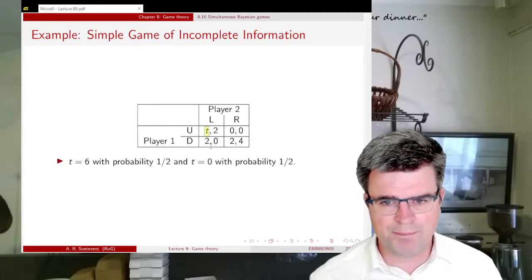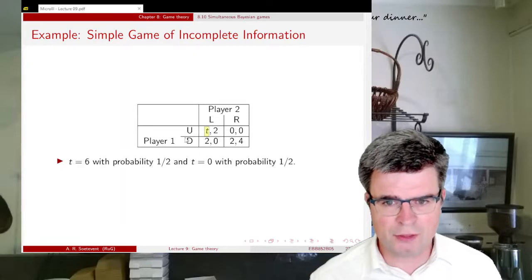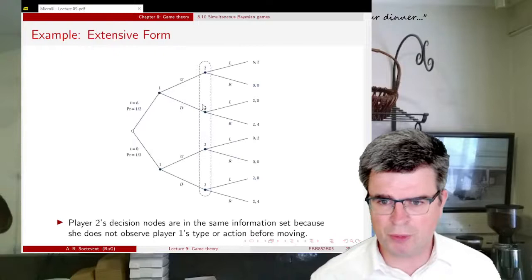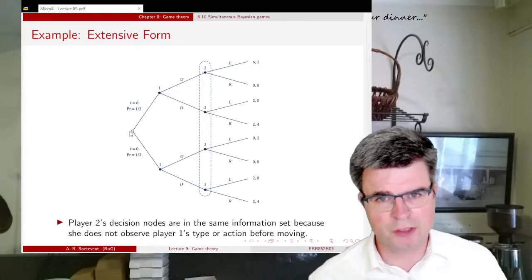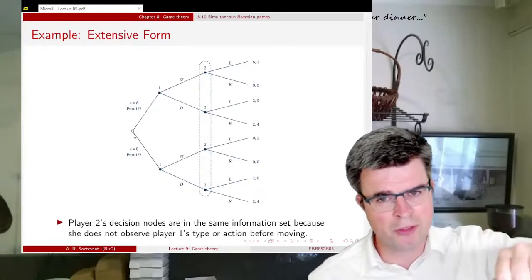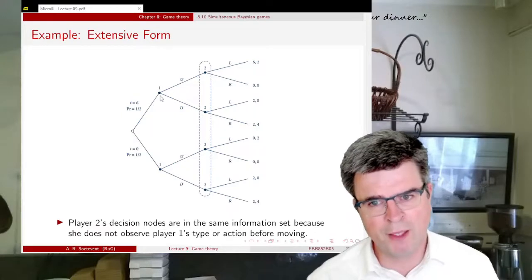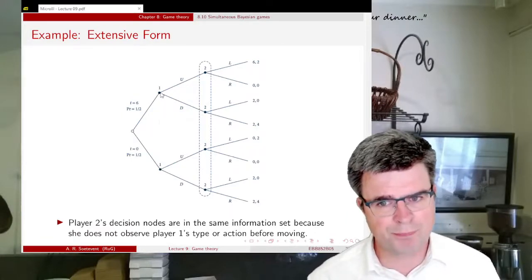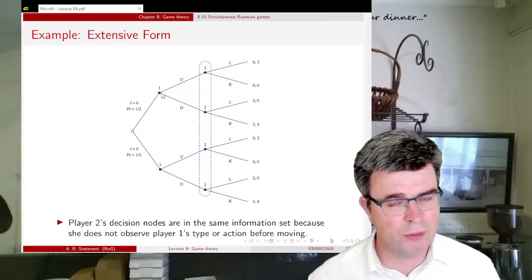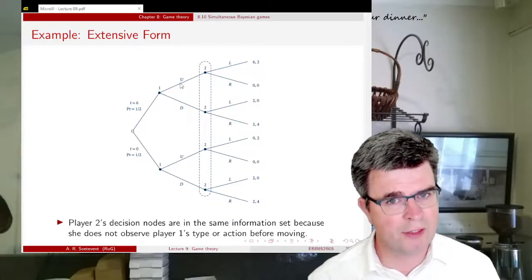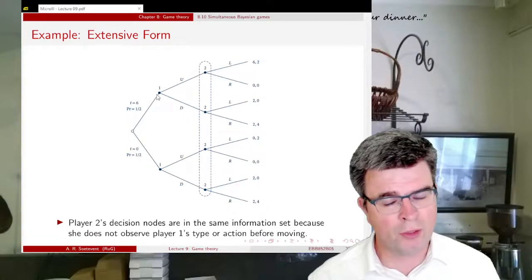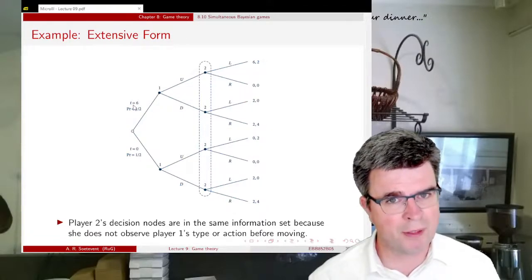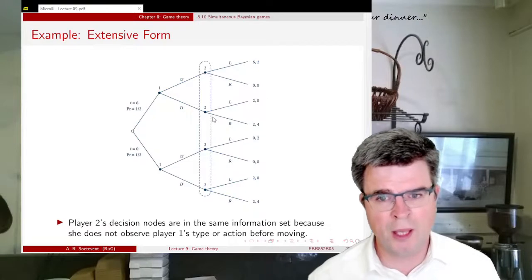So yeah, we can write this game, instead of in matrix form, also in extensive form. So that looks as follows. First, we have this draw from nature, drawing the type of player one. Then these are the decision nodes of player one. Player one can condition his or her strategy on his or her type because he observes the type that is drawn by nature.